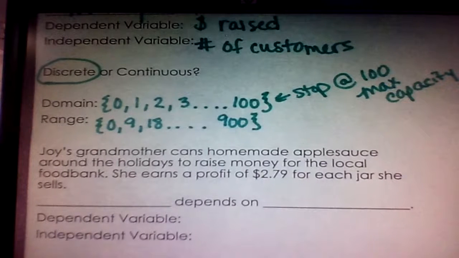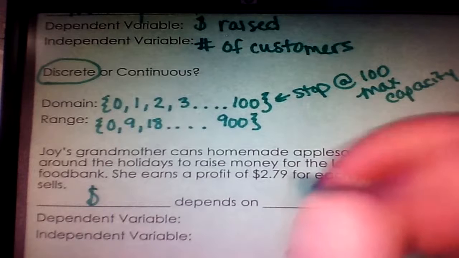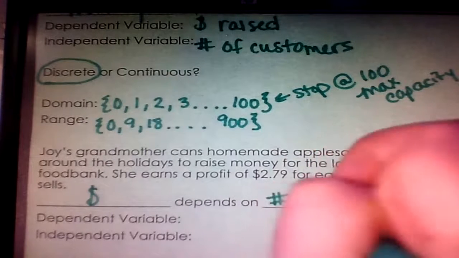Okay. Joy's grandmother cans homemade applesauce around the holidays to raise money for the local food bank. She earns a profit of $2.79 for each jar she sells. So, what depends on what? Her profit or her money depends on the number of jars she sells.